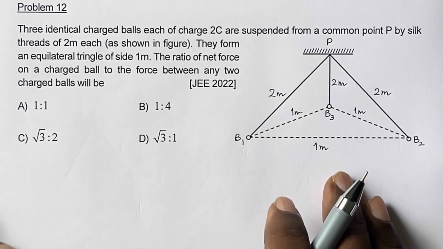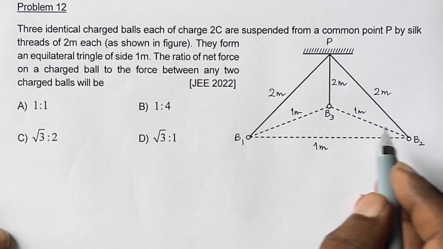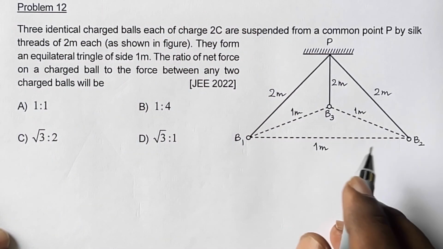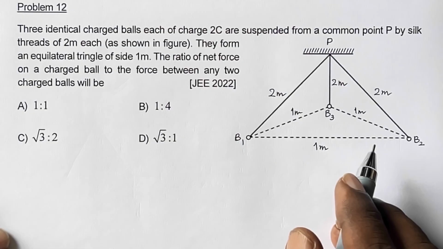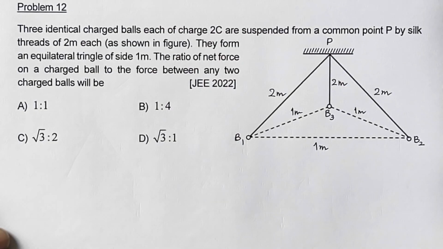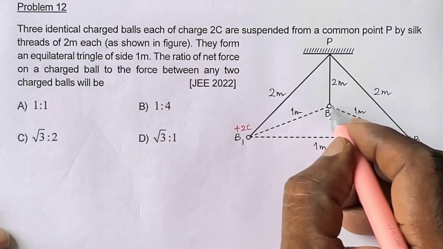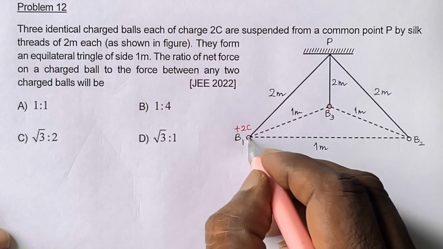In this problem, 3 pendulums were there. Because all are having the same quantity of charge on them, each charge is plus 2 C. So here plus 2 Coulomb charge is there on this bob also. These are the bobs.